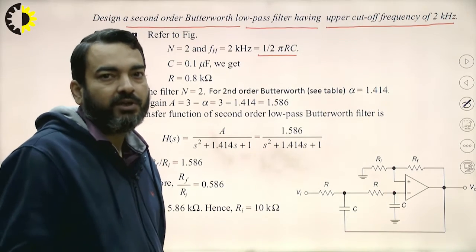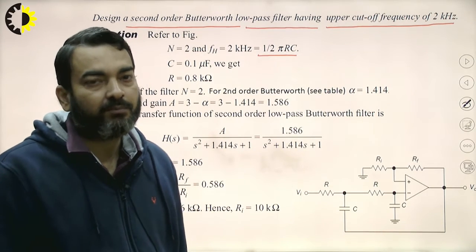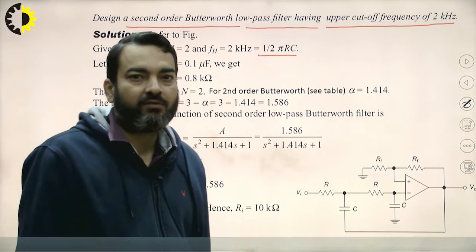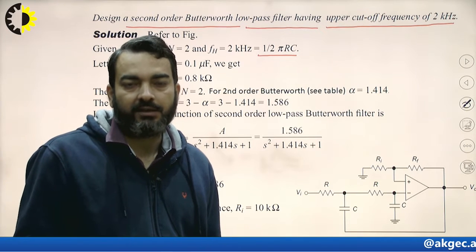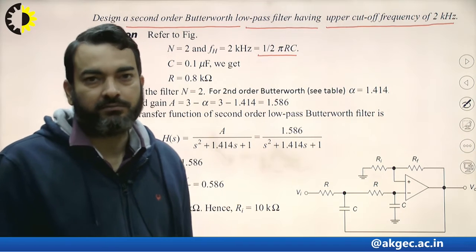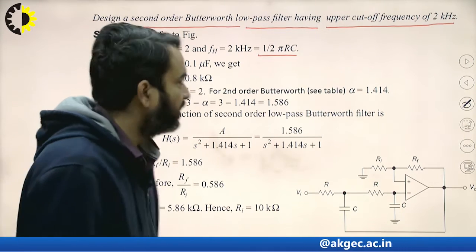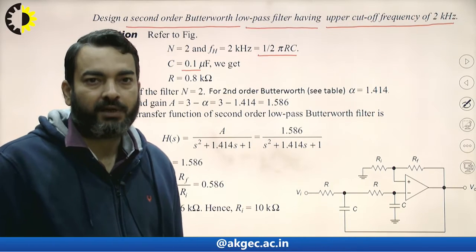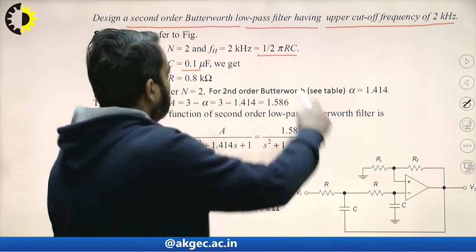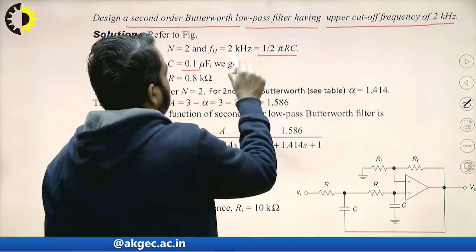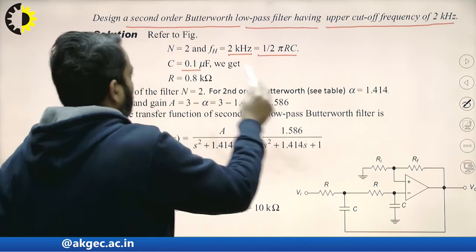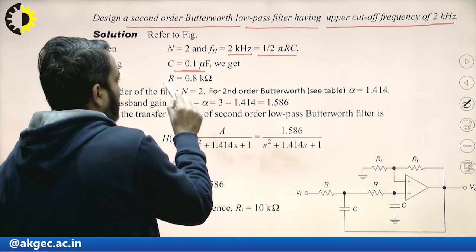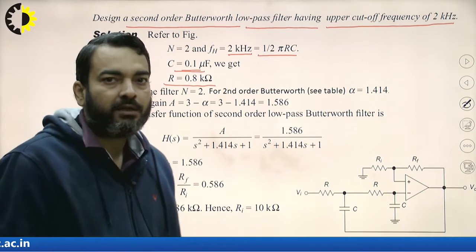One component value we have to assume, preferably the capacitor, so that we get the resistance in the order of kilo ohms. If we put C equal to 0.1 microfarad, with f known as 2 kilohertz, we get R equal to 0.8 kilo ohms.